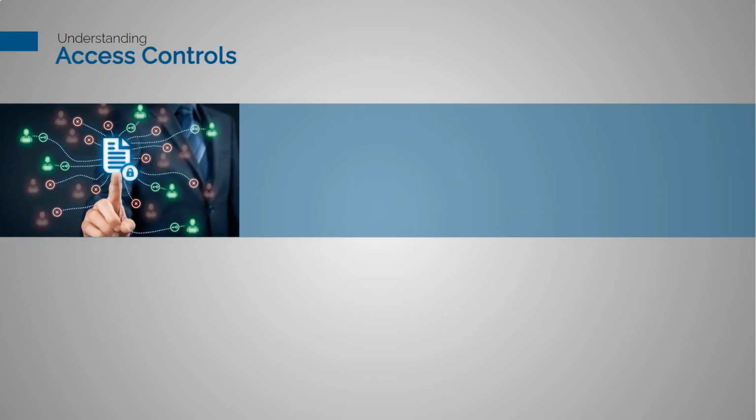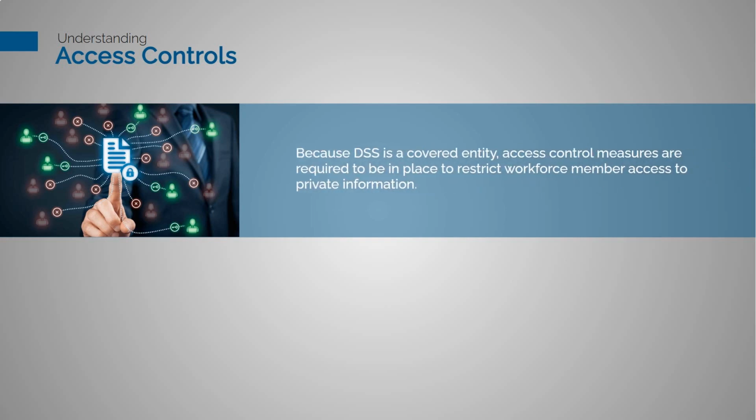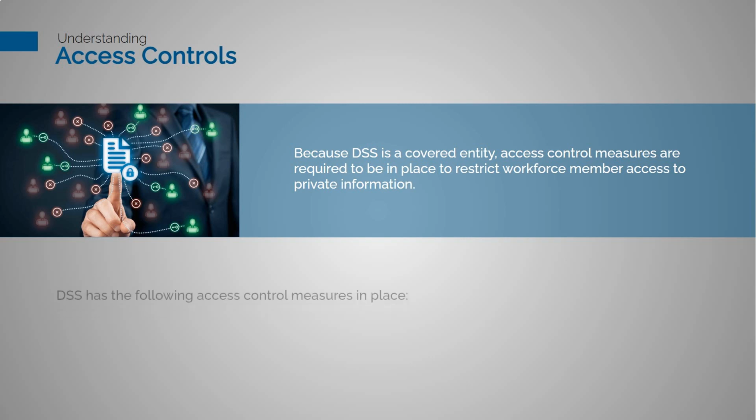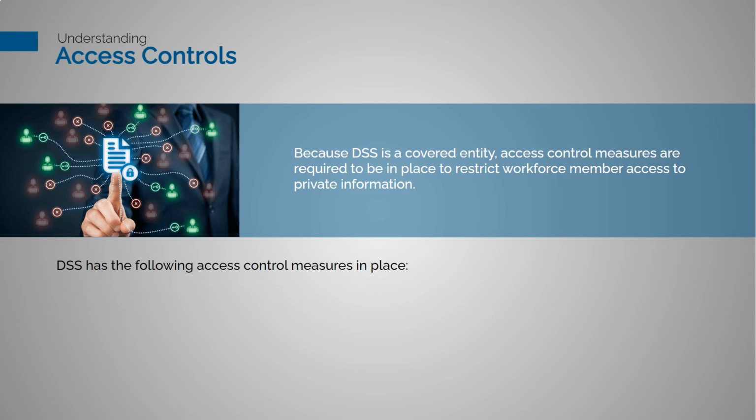Let's talk about some of the different access controls that you will encounter as a DSS workforce member. Under HIPAA, DSS is required to have access controls in place to restrict workforce members from unnecessarily accessing confidential information. DSS has implemented the following access control measures to comply with HIPAA and to protect PHI and PII.